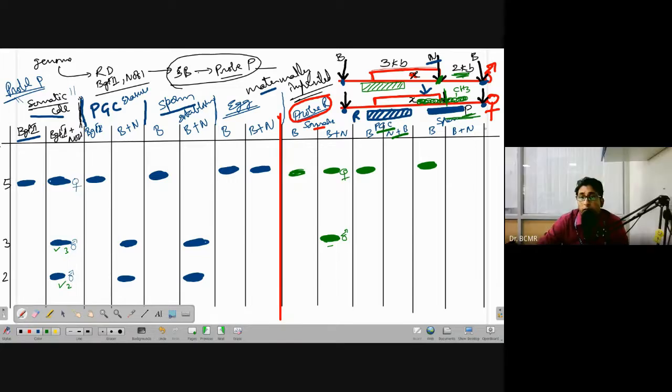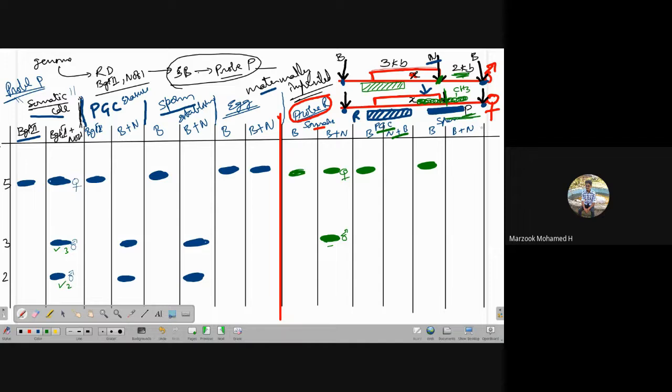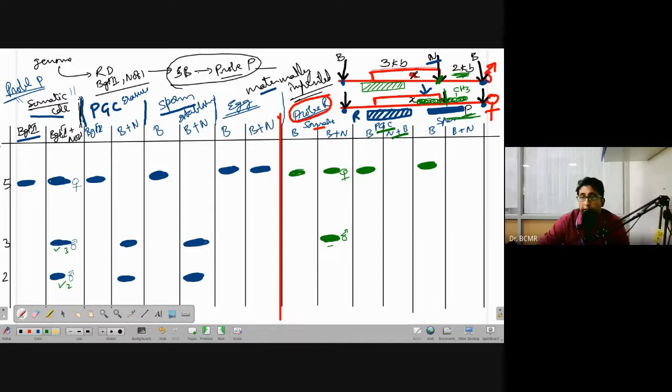Only 5 kb, sir. Why 5 kb? Can NotI cleave or not? It cannot cleave, sir. Why is that? What happens during the primordial germ cell stage or around that stage? Erasure. If erasure is happening, then methylation is removed.